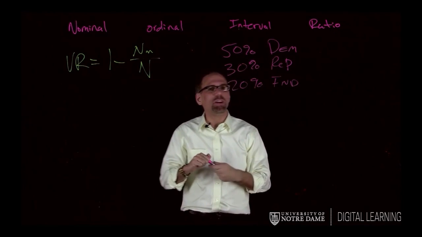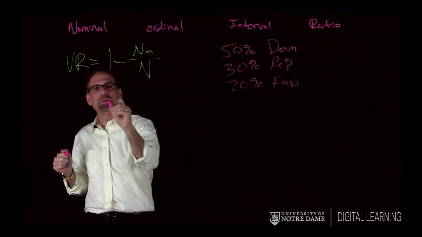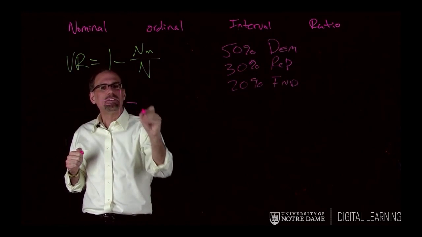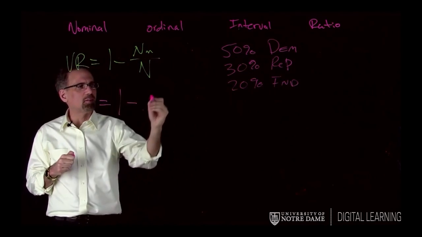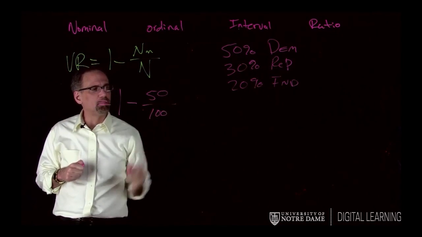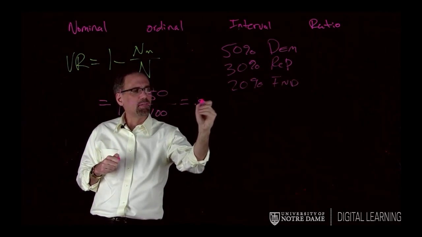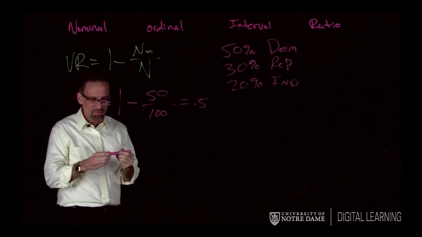Okay, what's the variation ratio with this kind of data? Well, the variation ratio would be 1 minus the number in the mode, which is Democrats, so 50 divided by the total, which would be 100. Okay, and that equals 0.5. So that's our variation ratio.